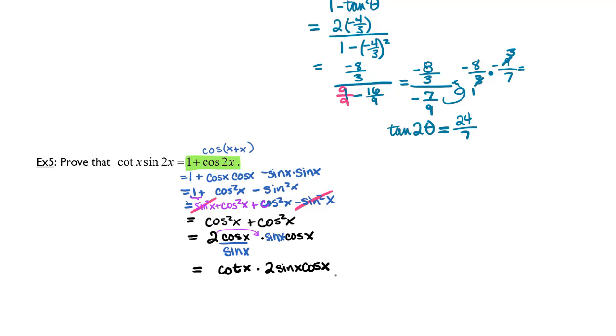This will simplify to the cotangent of x times sine of 2x. And so we have proven this as desired.